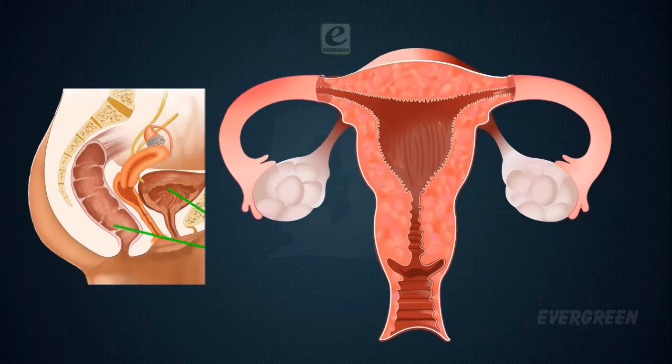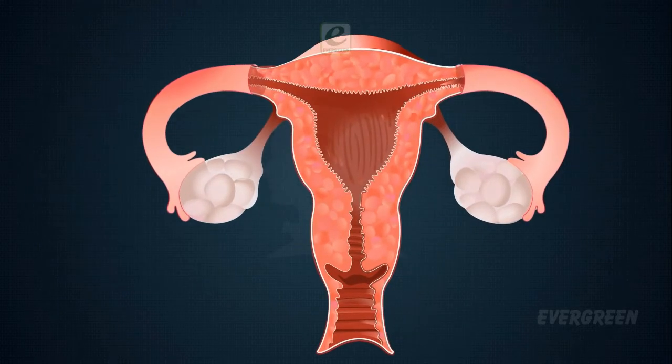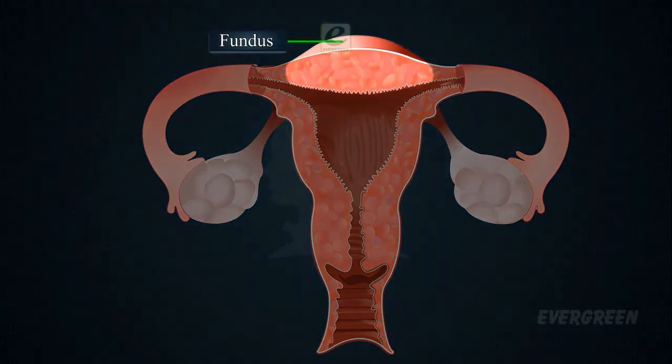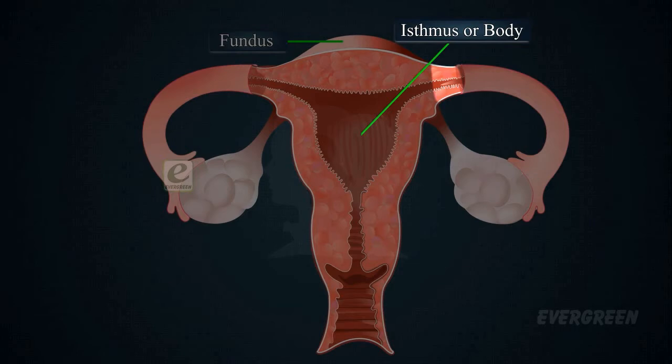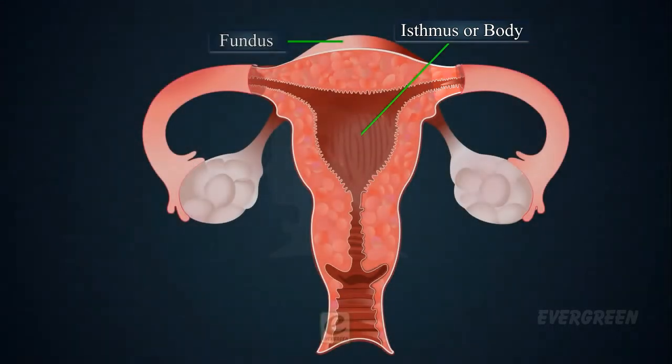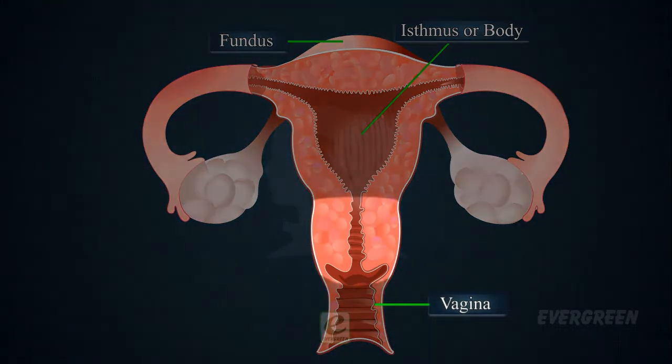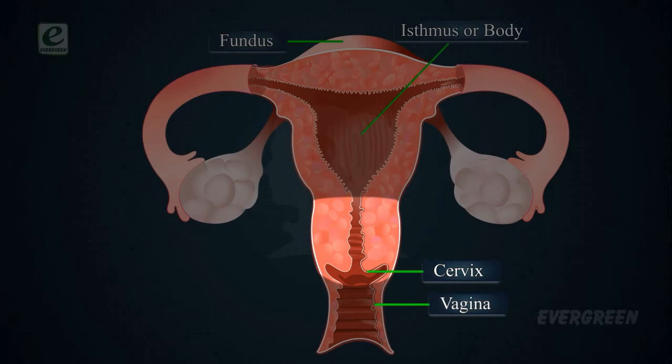Its upper dome-shaped expanded part is called fundus. The middle slightly constricted portion is called isthmus or body, and the lower, narrow, cylindrical part that projects into the vagina is called cervix. It is lined internally by a mucous membrane, called endometrium.